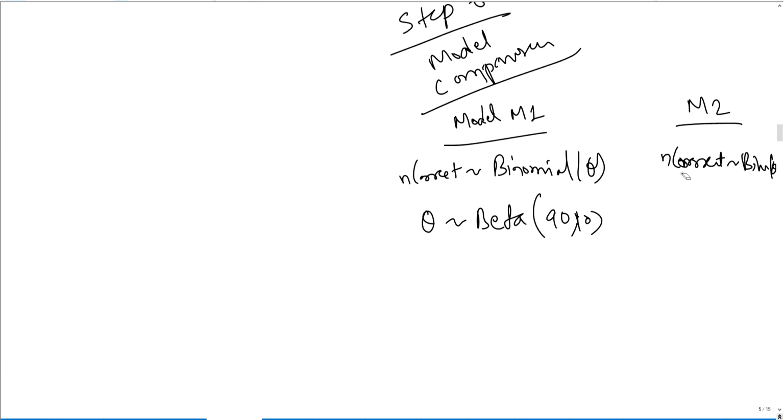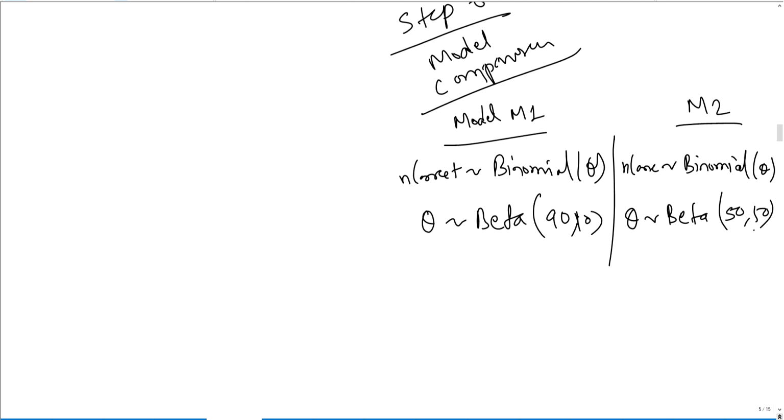So, the likelihood is the same, but the prior on theta is, let us say, beta 50-50. That means we think that the likely value of producing a correct response is 0.5 and there is uncertainty around it. Okay. So, these are competing prior assumptions, while the likelihood assumption is the same.